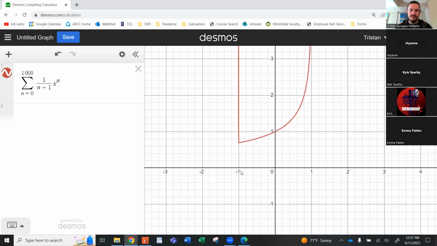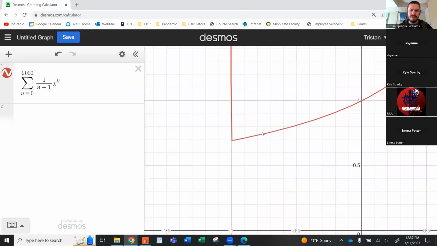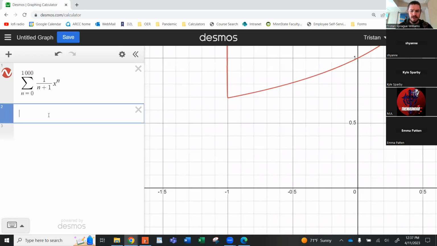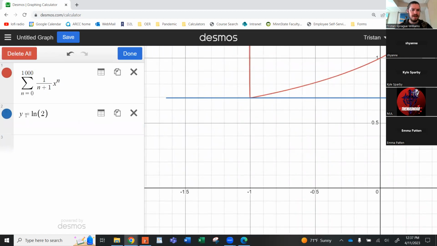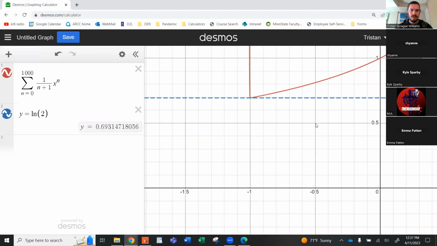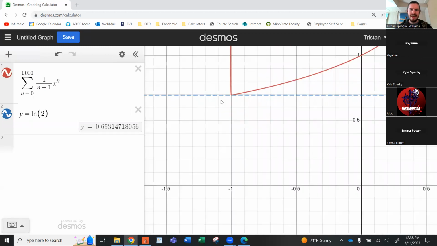When we're equal to -1, it actually is going to converge to something, and what it should converge to is the natural log of 2. So let's graph y equals natural log of 2. There we go. So that's the natural log of 2 right there. That is what this converges to. So it's getting closer and closer to hitting the natural log of 2.